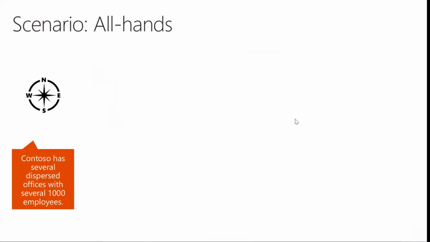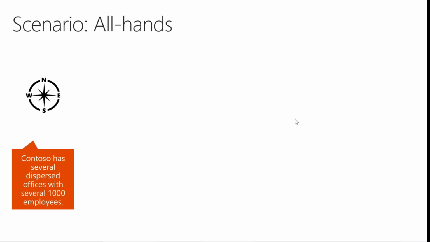So what are some of the scenarios? A couple of scenarios that I'll walk you through. One of them is all hands meetings, right? Because we are all working in this hybrid scenario where we might have people joining from different locations.